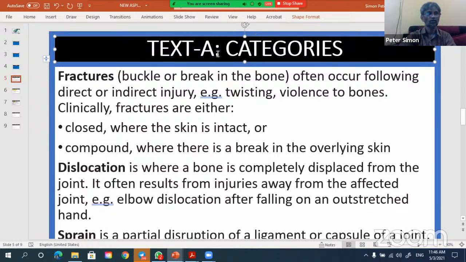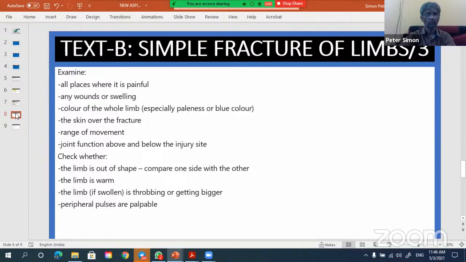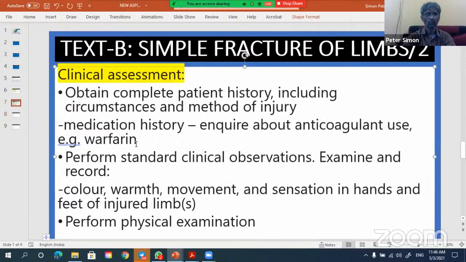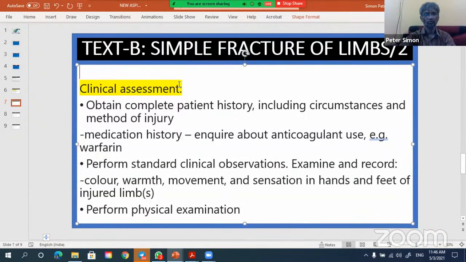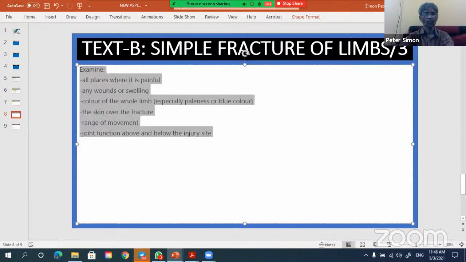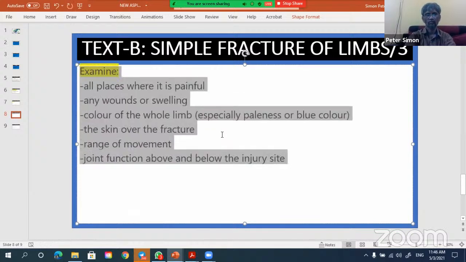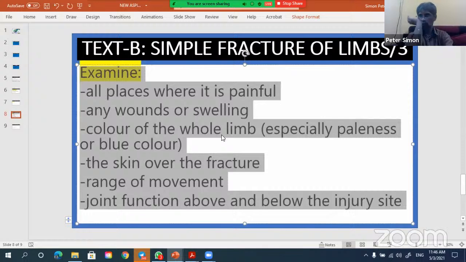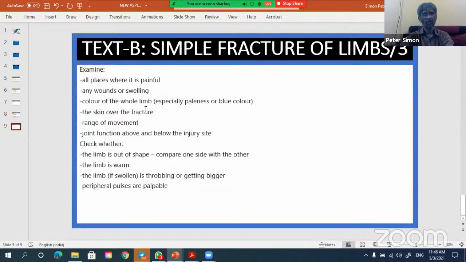Fine. Next one, 1, 2 and 3, examine. Right, so you have to examine these things. And then number 4, examine is over.